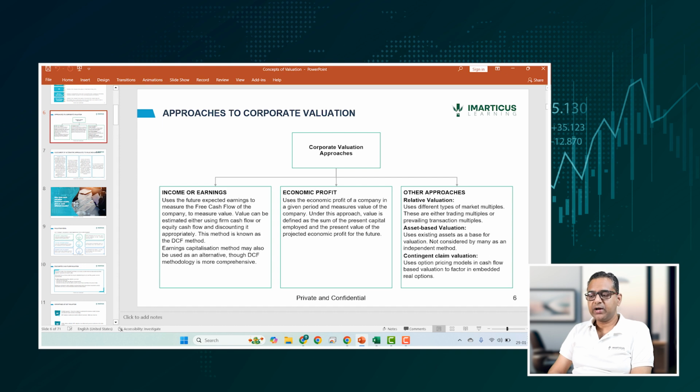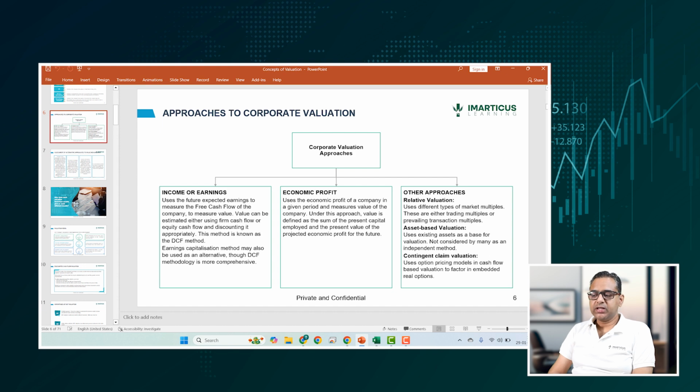Next is asset-based valuation. This uses existing assets as a base for valuation, not considered by many as an independent method. Here, whatever assets the company has, we will find out their value.